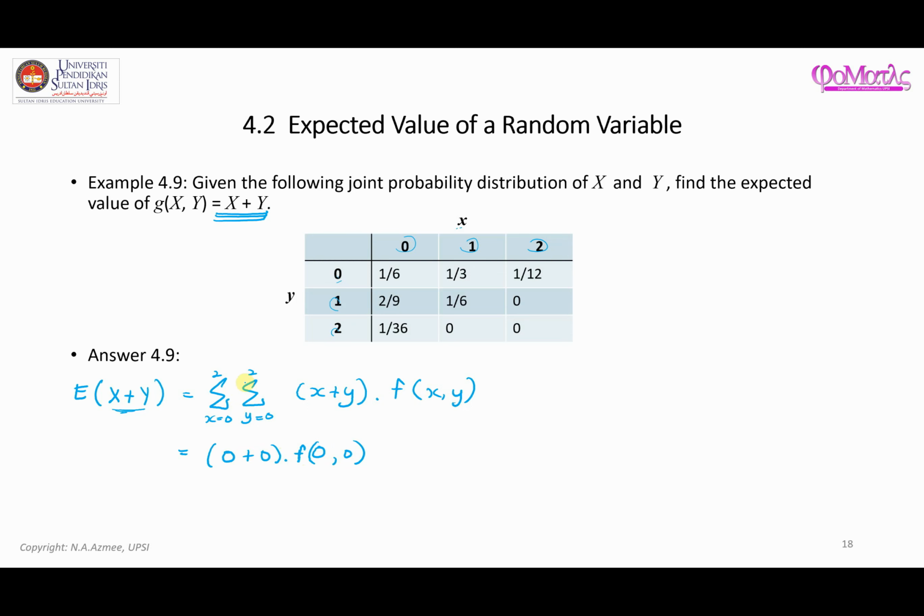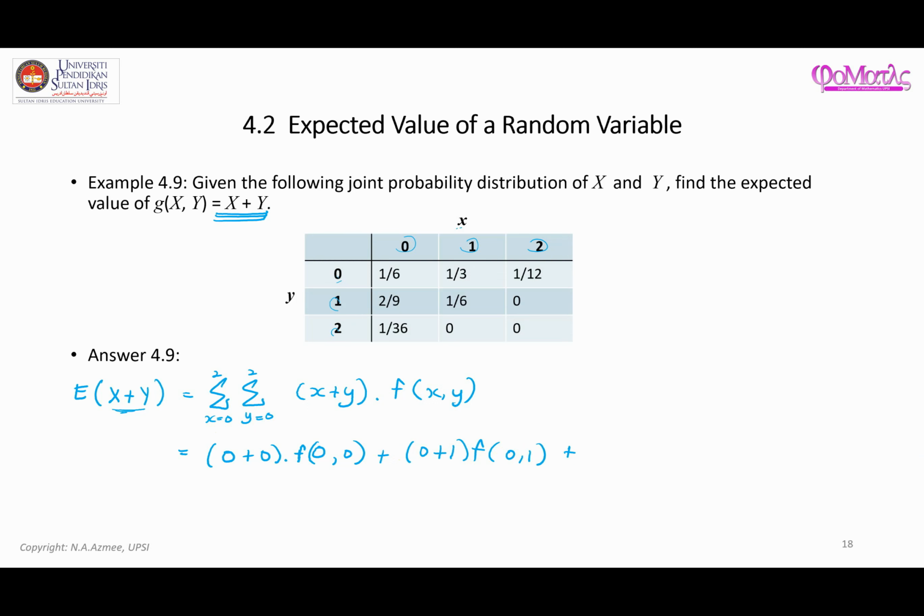So we're going to keep on changing the value of y, but we're going to maintain x at 0. So what we have next is plus 0 plus 1 times f(0, 1), and then we keep changing the value of y, maintaining x equals 0.